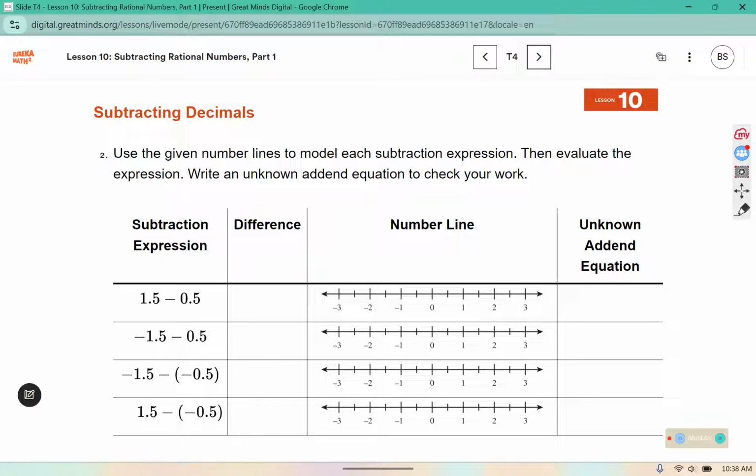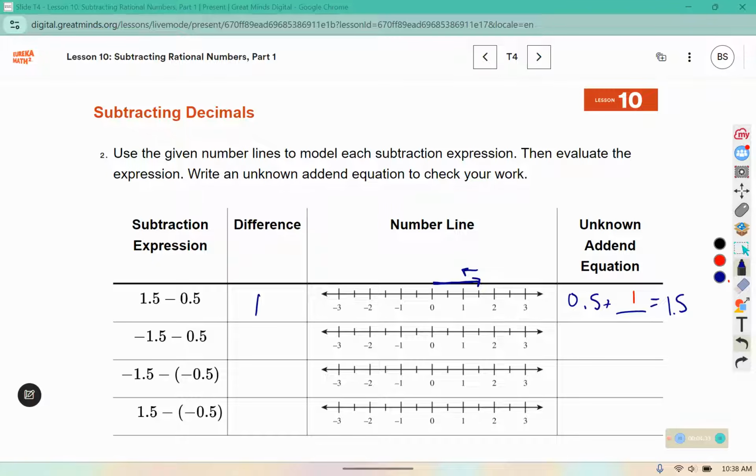In number 2, we're working with decimals. Each of these marks represents a half. Here I have 1.5 minus a half puts me back at 1. This unknown addend equation should say a half plus something equals 1.5, giving us 1 in that blank.